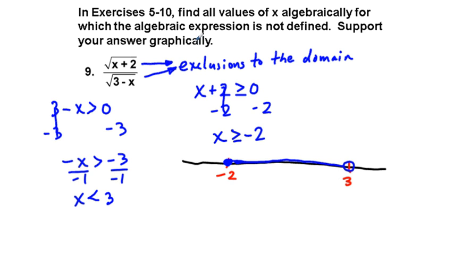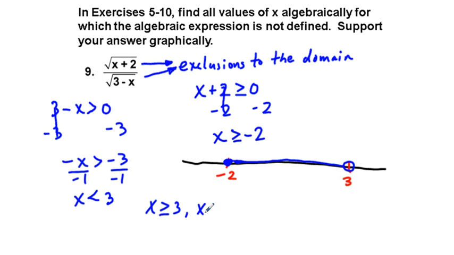And graphically, we've found out what x is going to be, but we have to take the opposite here. So x cannot be greater than or equal to 3. We can see this, right? I mean, that's for what x cannot be.